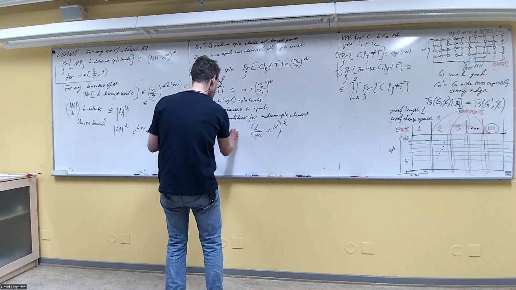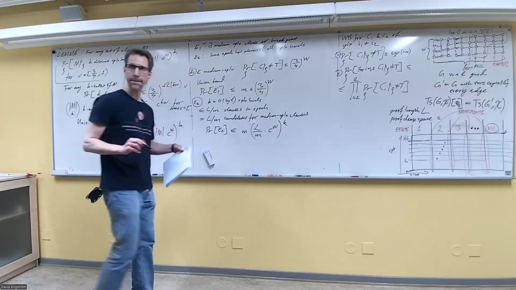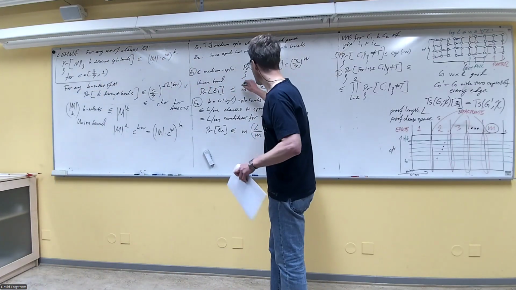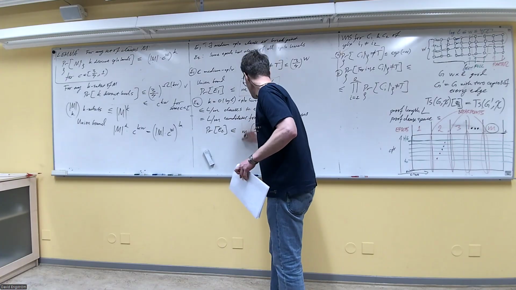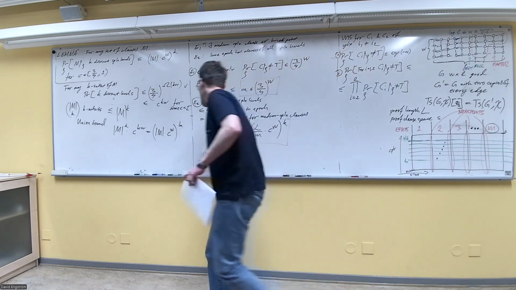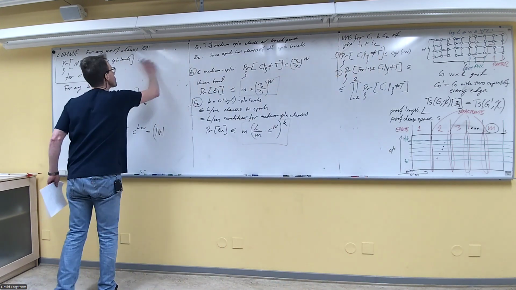And how many epochs do I have? M, right? So let's see. So this expression and this expression. And now what I can do is play with my parameters. I've used all my lemmas.